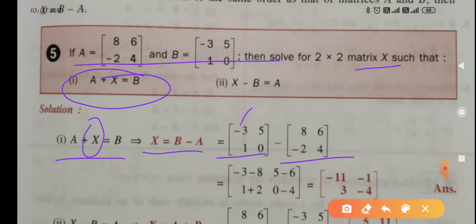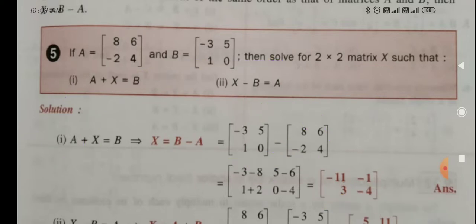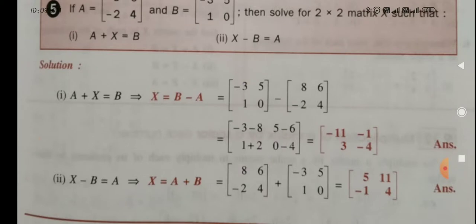Minus 3 minus 8, minus 11. 5 minus 6, minus 1. 1 minus minus 2, 1 plus 2, 3. 0 minus 4, so minus 4. So you are subtracting, and this is minus 11, 3, minus 1, minus 4.